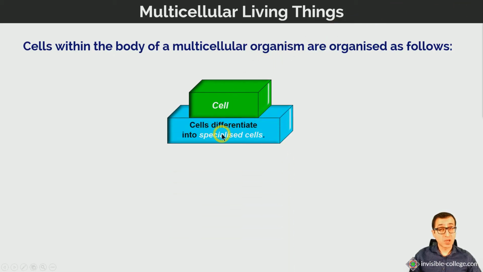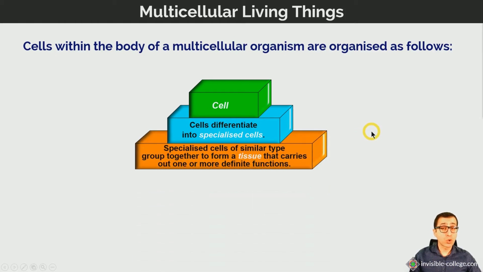So cells can specialize to perform specific functions. They develop specific structural features through the process of differentiation that allow them to perform specific functions. But then, if you take specialized cells of a similar type and group them together, you form a tissue, and the tissue will then carry out one or more definite functions within that multicellular organism.